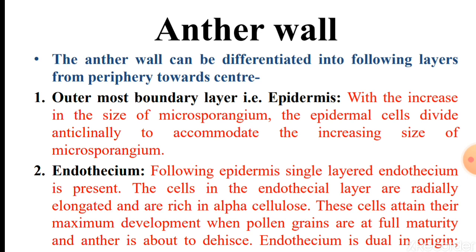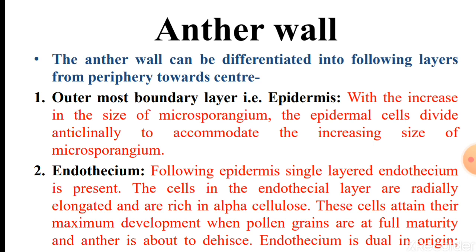With the differentiation of archesporium and further development of the microsporangia inside the anther, anticlinal division takes place in the epidermis to accommodate the increasing size of the microsporangia.